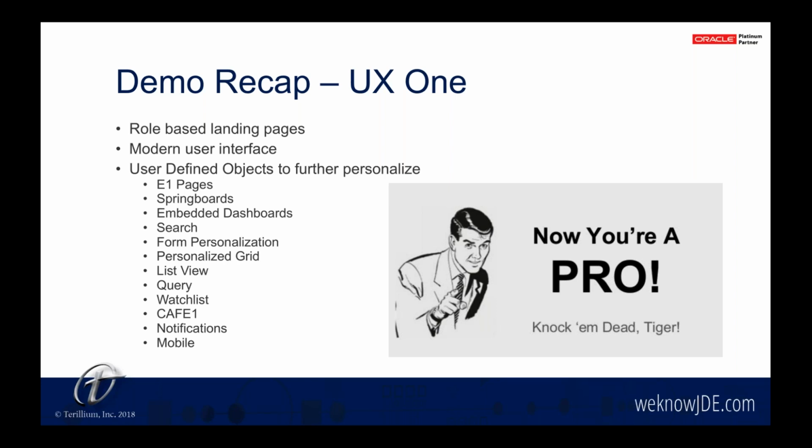We went through even further personalizing with the search capabilities, the form personalizations, creating your own grids, creating a list view, using Cafe One to link to information, notifications proactively telling you about situations within the system, and even mobile applications, both in the way of the purpose-built apps as well as the Enterprise One application for iPad.